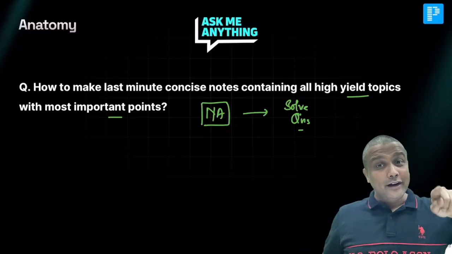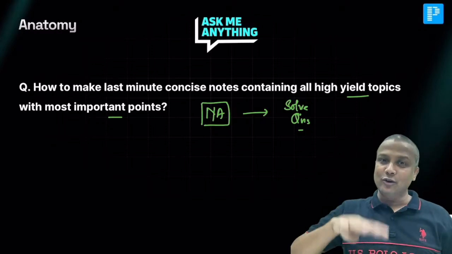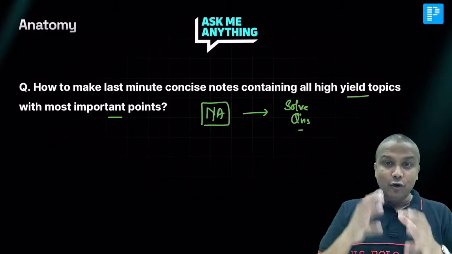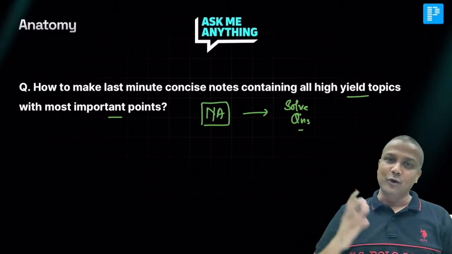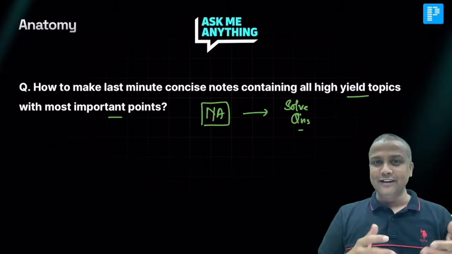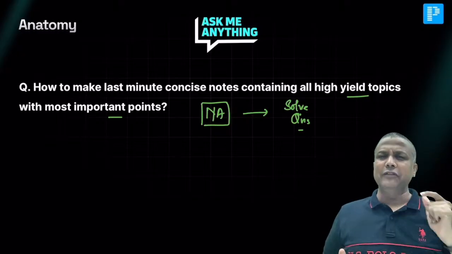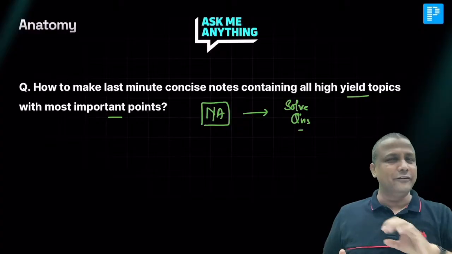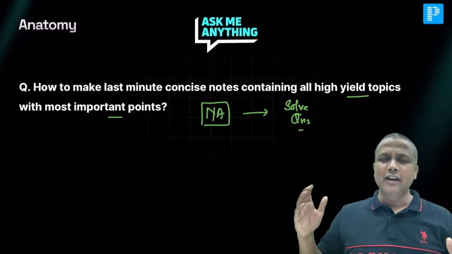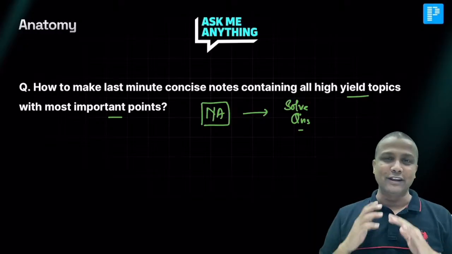Because you already have those 7 questions which you knew, and you also have the 3 questions which you were not able to solve. So whatever you knew is there, and whatever you didn't know will also be there. Understood? Whatever you know is already in your notes, and whatever is not there, add it. If you do this practice, I'm telling you, my dear friends, your notes are going to become golden notes. Just keep on revising them multiple times, and then you are ready like a pro for the exam.